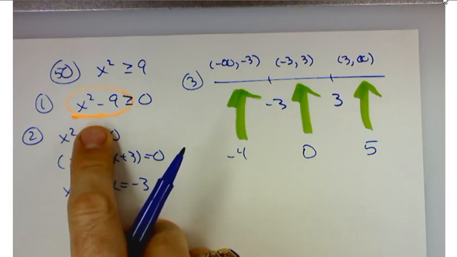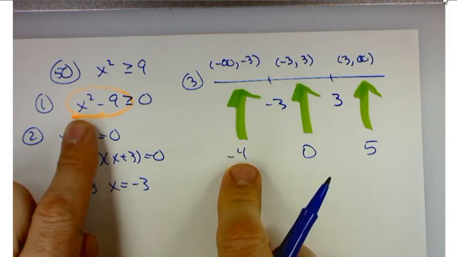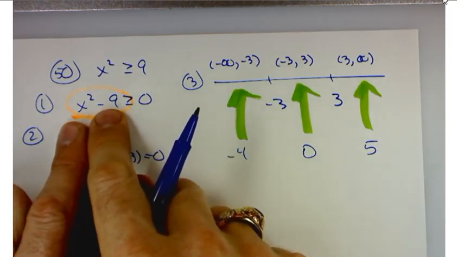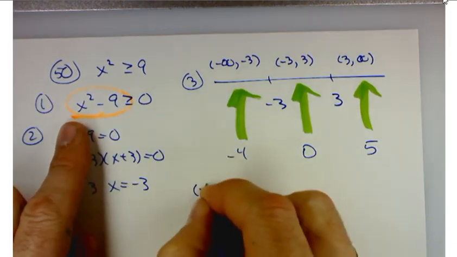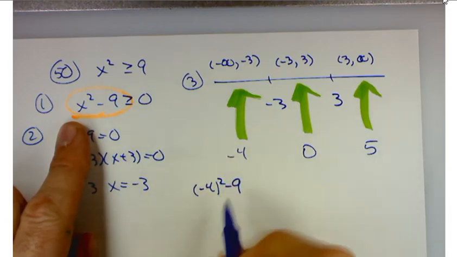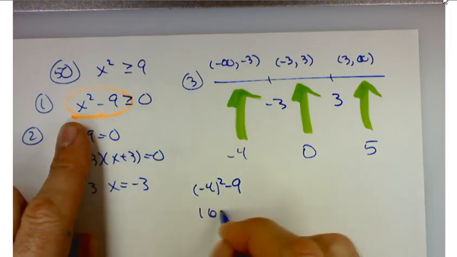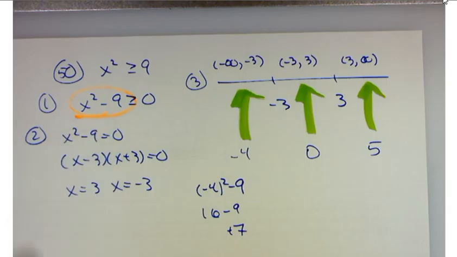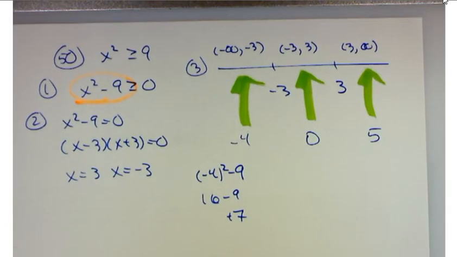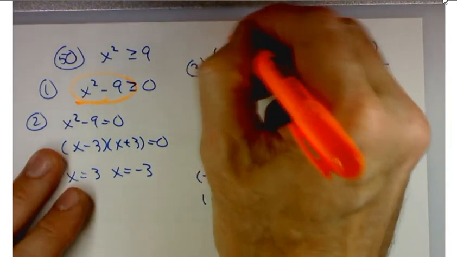If you plug in a negative 4 into x squared minus 9, am I going to get something positive or negative when I simplify this? Positive, right? I get a positive 7. But the important thing is not that I get a 7 in particular, it's that I got something positive.